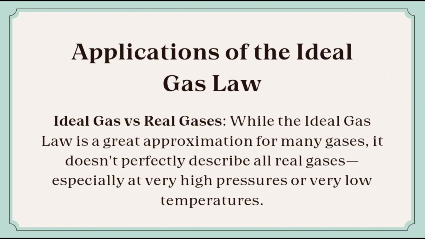However, it's important to note its limitations. Real gases deviate from the law under extreme conditions, such as very high pressures or very low temperatures. These deviations occur because the ideal gas law assumes no interactions between gas molecules and negligible molecular volume, which isn't always the case in real-world scenarios.